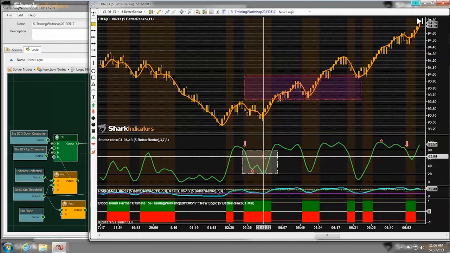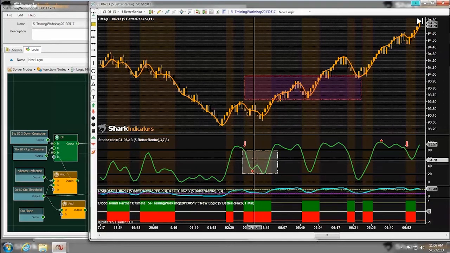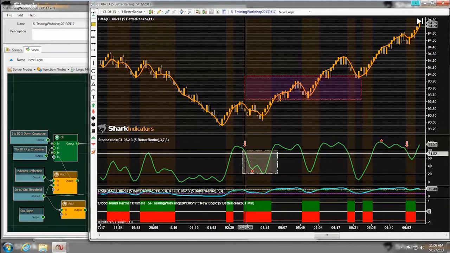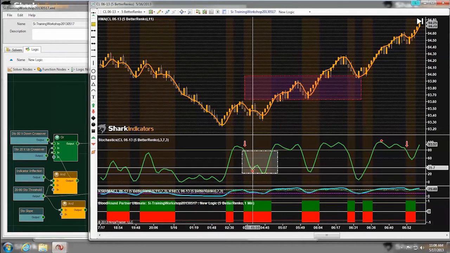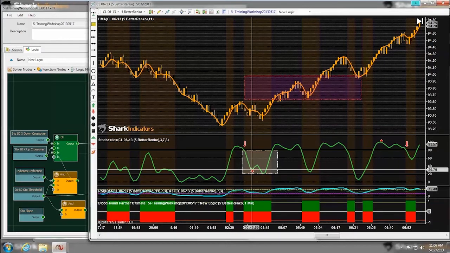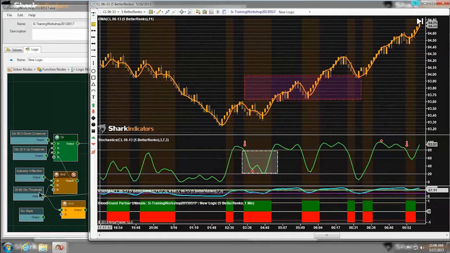And so when you're within a region, that doesn't tell you whether you should be long or short. It's the other condition of looking at the slope of the indicator or looking at the inflection point of the indicator that is telling us whether we want a long or a short bias.